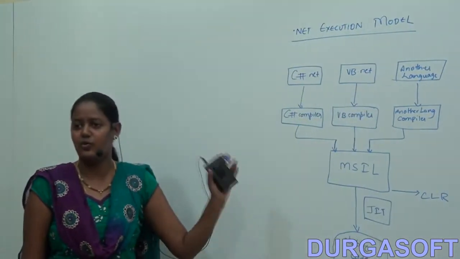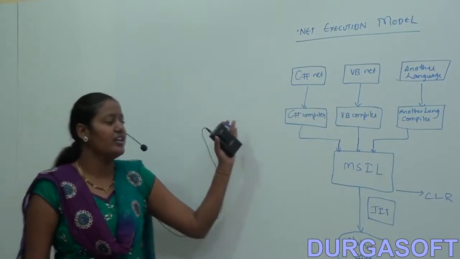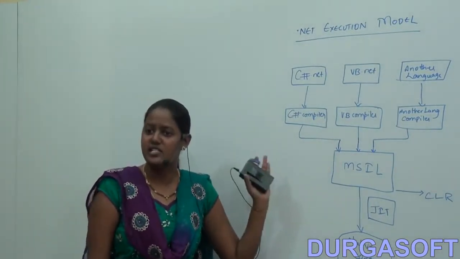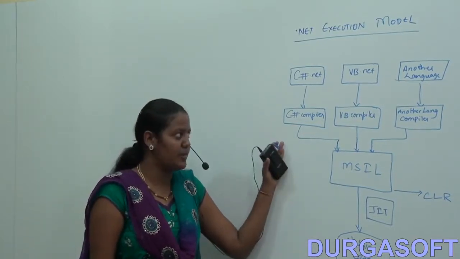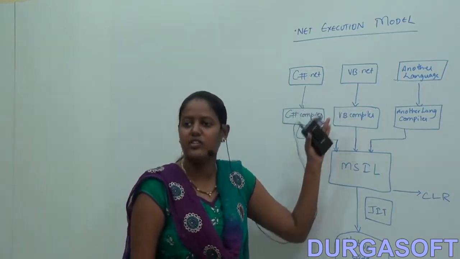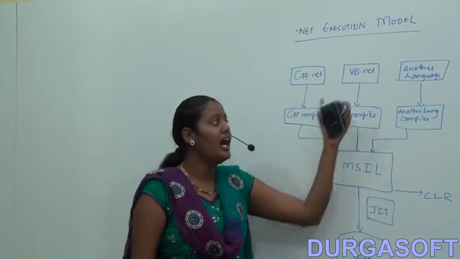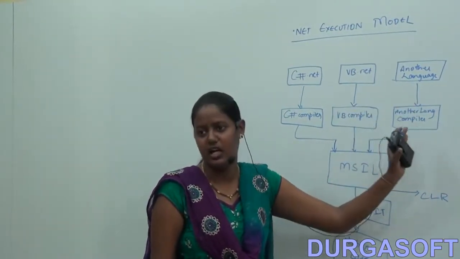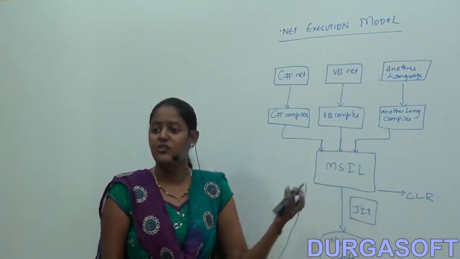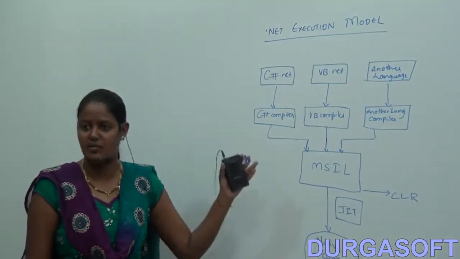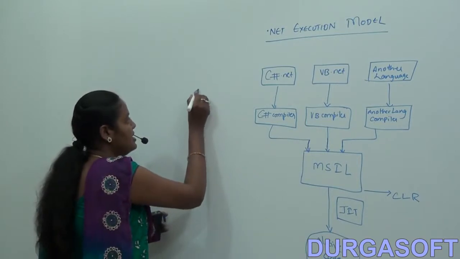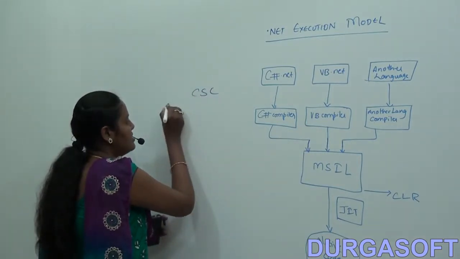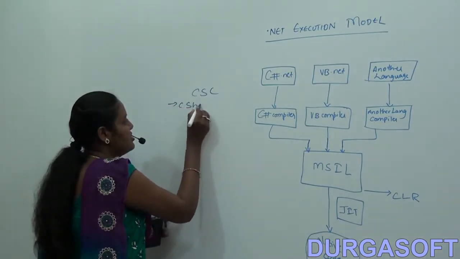For each and every language it will have its own respective compiler. C# will have the C# compiler, VB.NET will have the VB.NET compiler, and another language will have its own compiler. For example, C#.NET has the C# compiler, that is CSC.